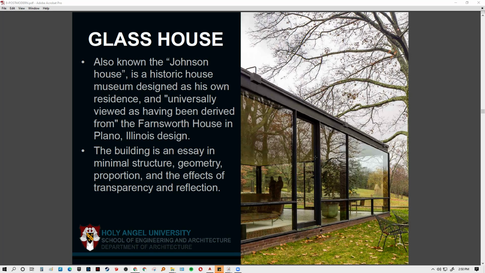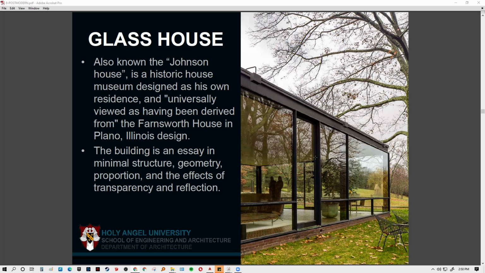Then the building is a minimal structure, so basically a simple rectangle with a flat roof, a different approach for the ceiling and roof, and then purely transparent all around.